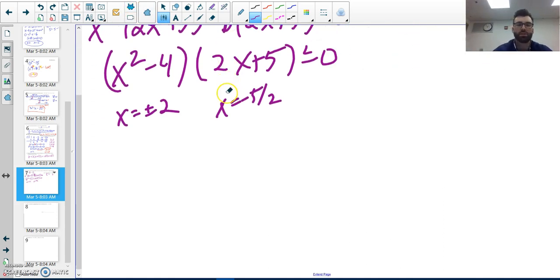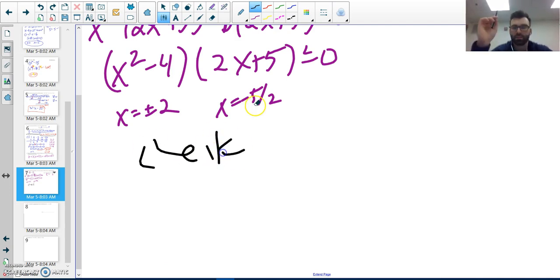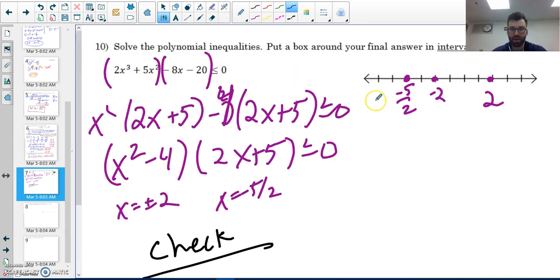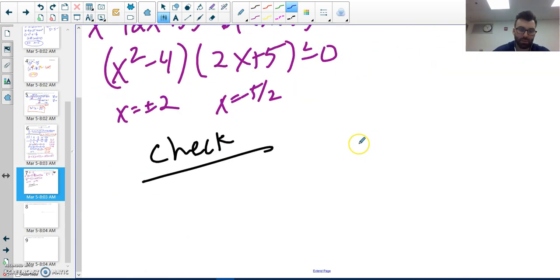All right. So if I want to check for my solutions, check which intervals work. I want to check our first interval here. So I'm going to plug in a number less than negative 2.5. So x equals negative 10.